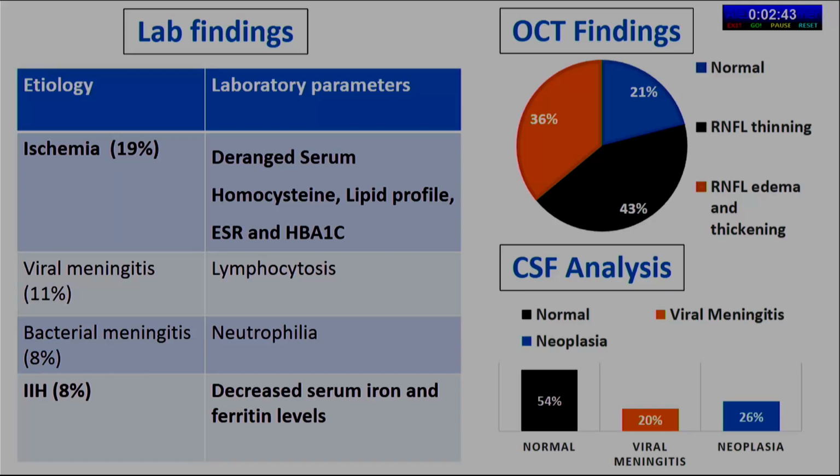On OCT, 43% of patients had RNFL thinning, whereas 36% of the patients had RNFL edema and thickening. CSF analysis revealed 20% cases with viral meningitis, and CSF study with malignant cells was found in 26% of the cases.